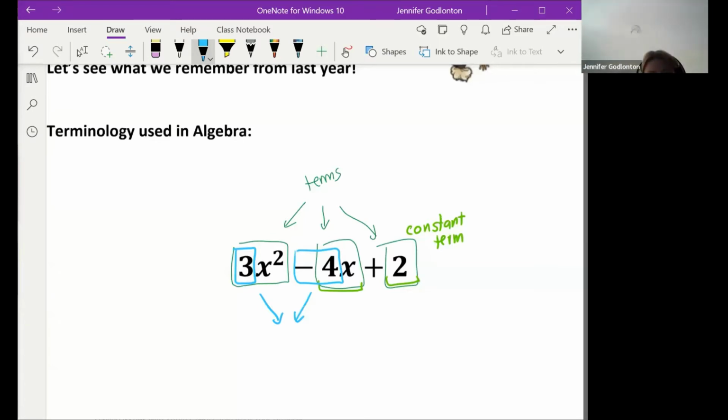Here we've got a 3 and a -4. What would that be called? It also starts with C. Yes, excellent. Those will be called coefficients.